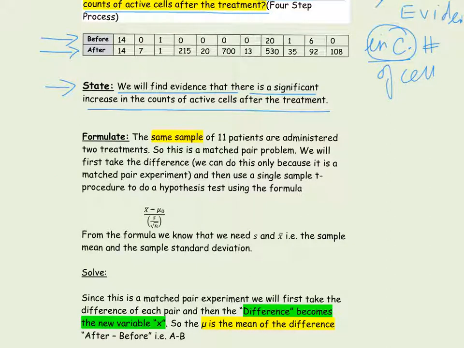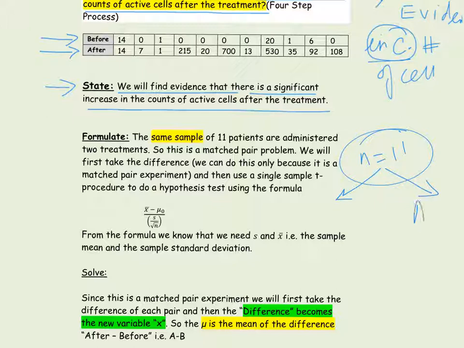Now that we know what question to answer, we have to think about how to answer the question. Which problem solving method do we have to use? So we have a before and an after. Notice that it's the same set of patients, so it's 11 patients. The same set of patients get the two treatments.